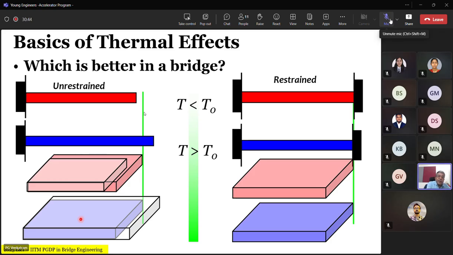Okay, then alternative question. Why do you want unrestrained? No stress accumulation. That means Sujit is strongly against integral bridges. No? I can show you an example of a 150 meter span integral bridge.